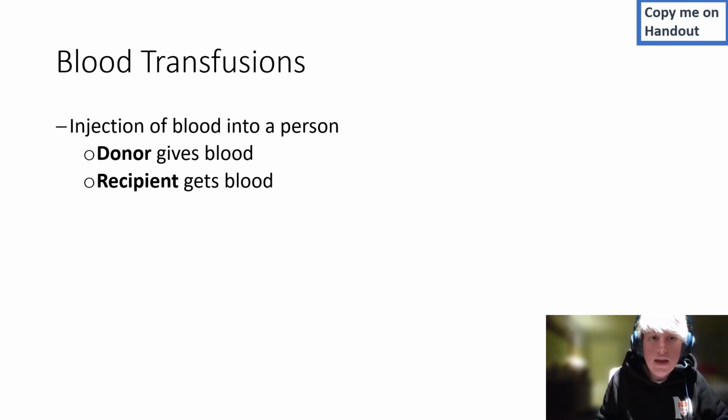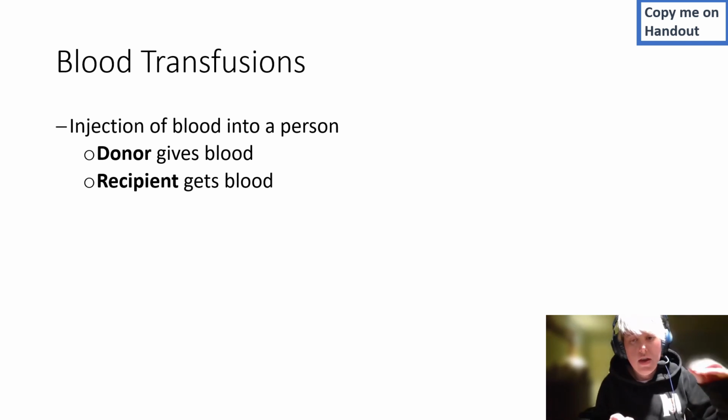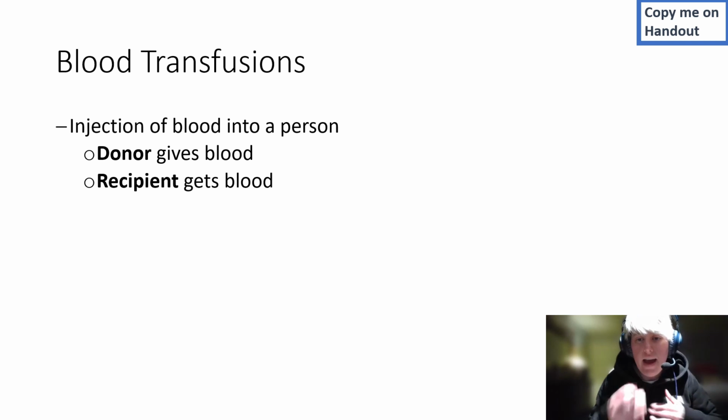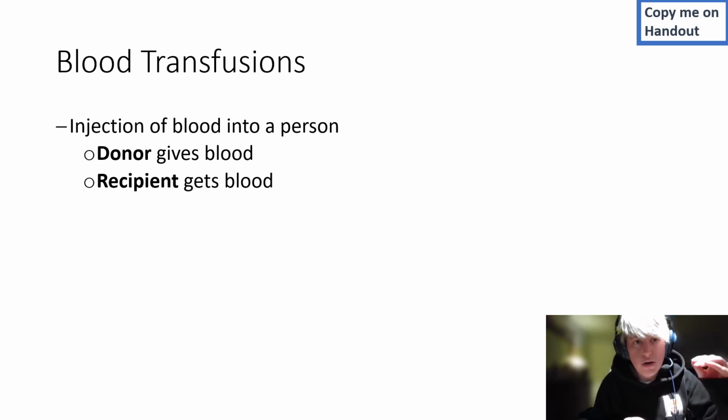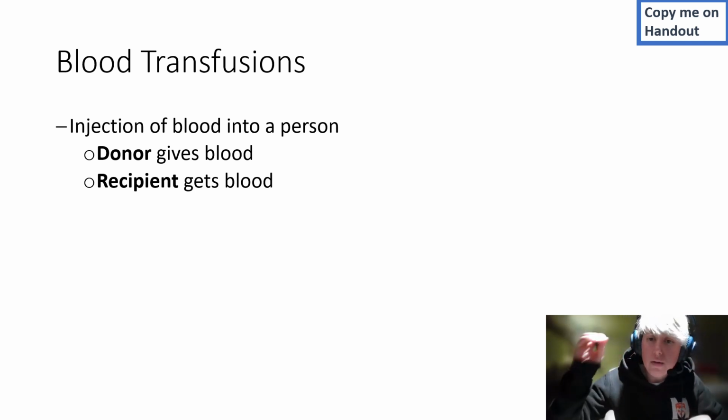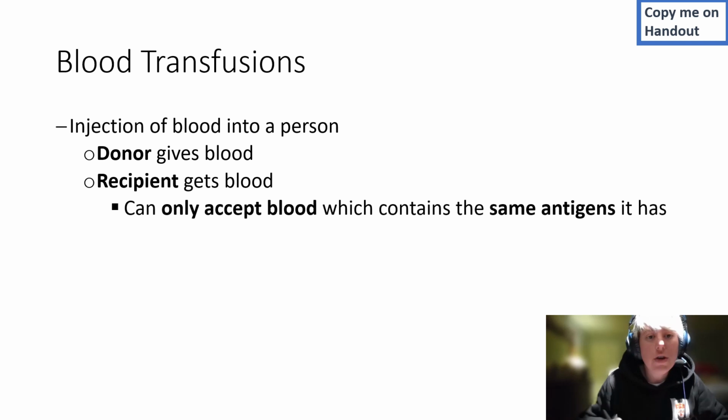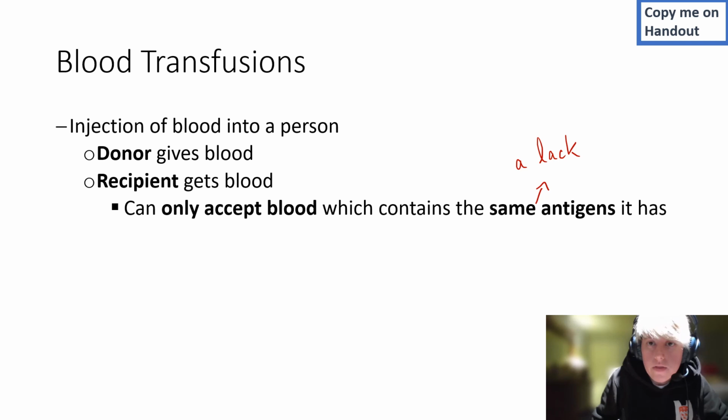Now, one key thing about blood transfusions is that the donor and the recipient blood type have to, in a sense, not necessarily match, but the blood proteins on the donor blood have to be found on the recipient blood. So that you can only accept blood that contains either the same antigens that the recipient has or a lack of antigens.